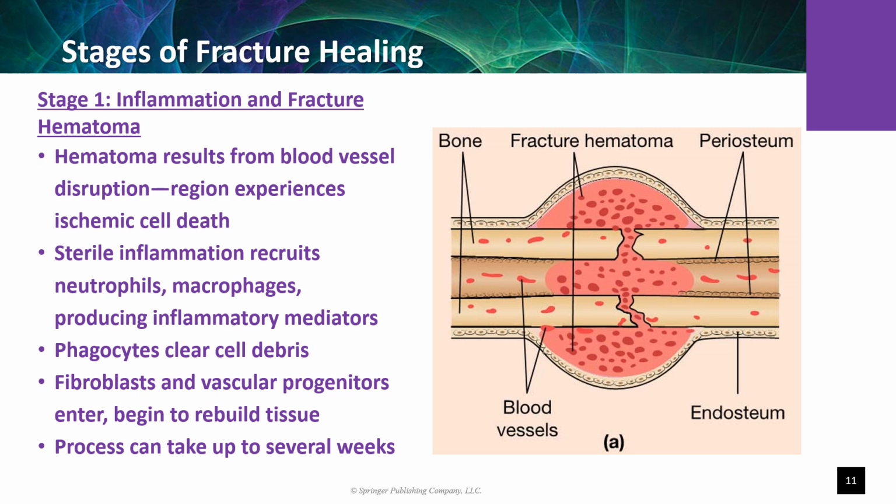Damaged cells secrete inflammatory mediators, and an aseptic inflammatory reaction begins. This is often accompanied by a low-grade fever and a local increase in warmth. The hematoma and edema fluid cause varying degrees of swelling, pain, and ecchymosis. Initially, the fluid surrounding the bone fragments becomes slightly acidic.